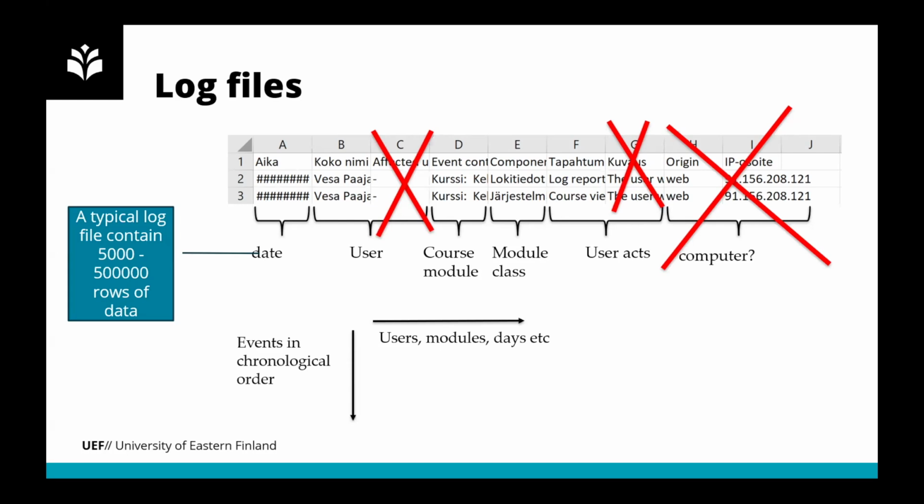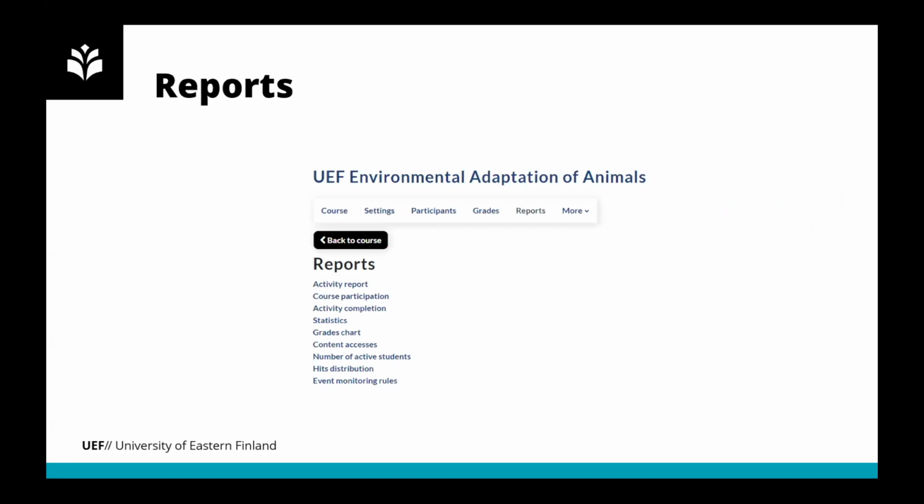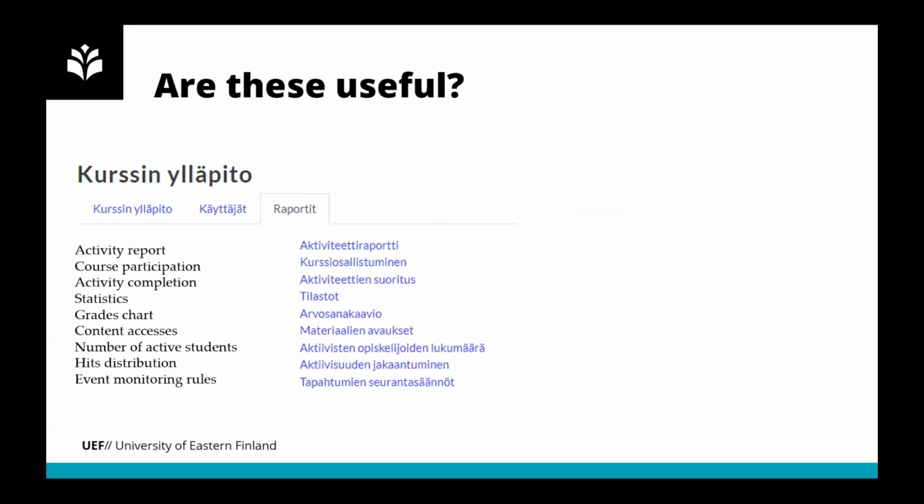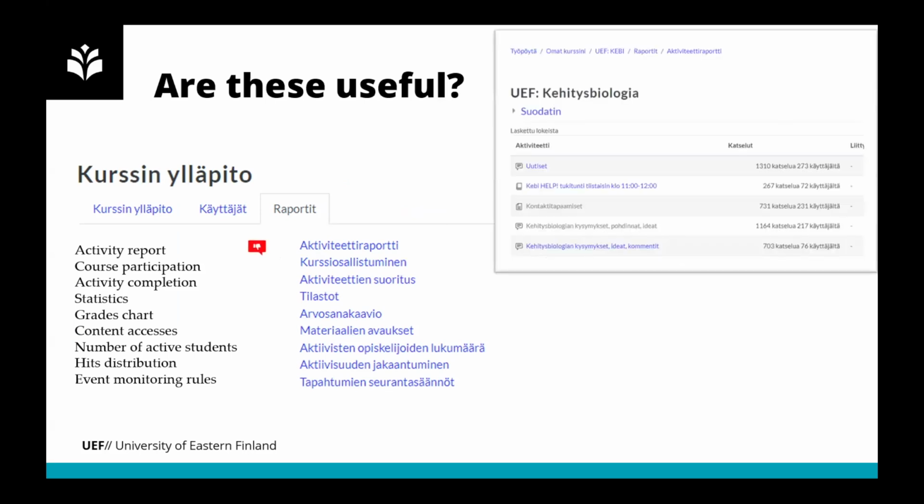Then we can help it a little bit with the reports. There are several reports in different Moodles, and most of them are not very useful for my purpose. The activity report, I would put my thumb down, because I don't need the information on 1,000 views on the news.